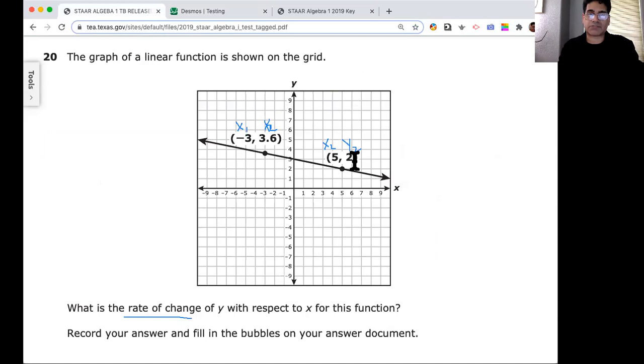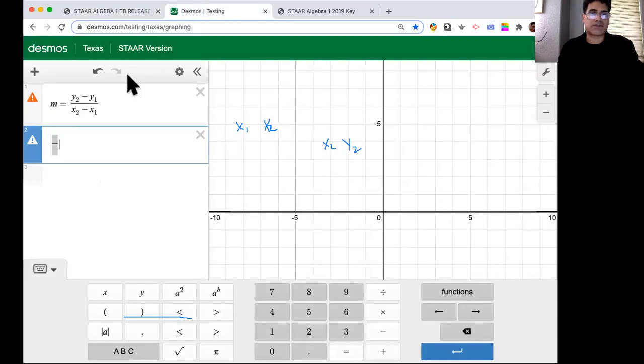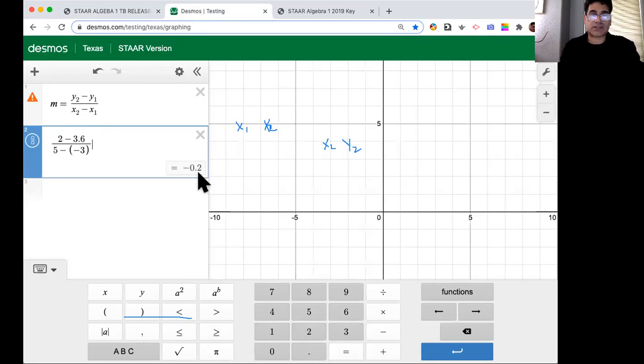This is y2, so that's a 2 minus a 3.6, and then the x value of 5 is going to take away a minus 3, so let's keep it in order and put a fraction, put the parentheses, minus 3. Okay, and that gives us a value of negative 0.2.